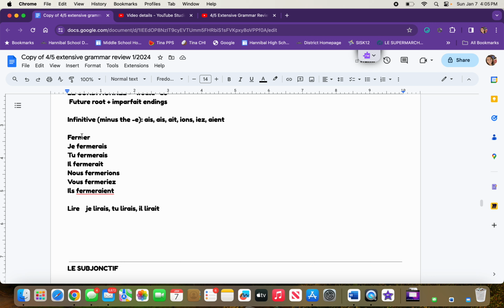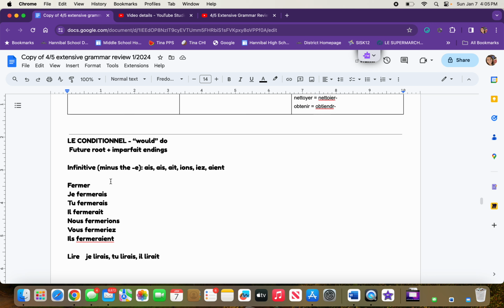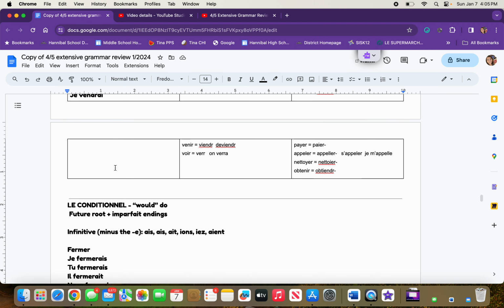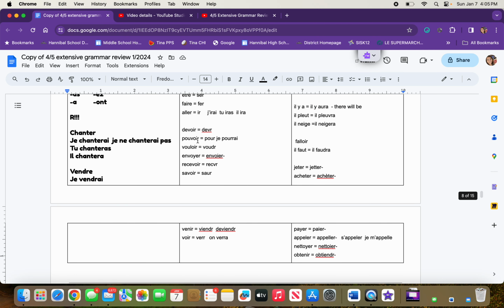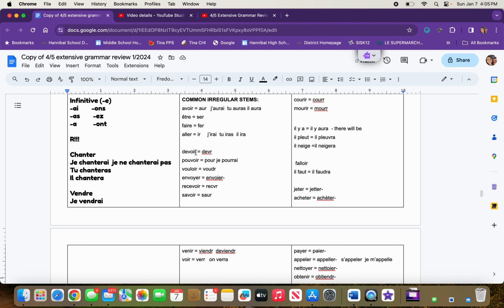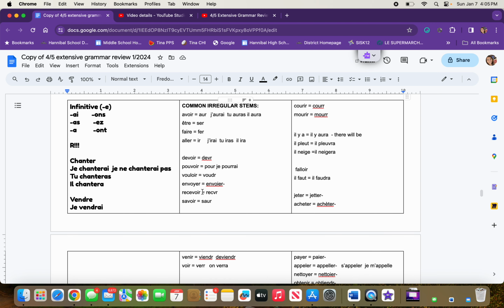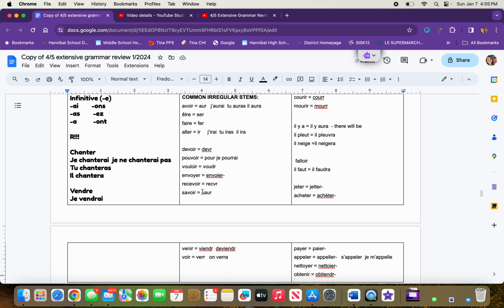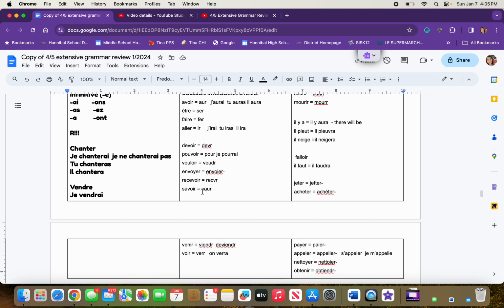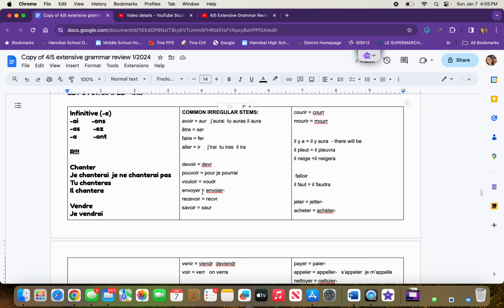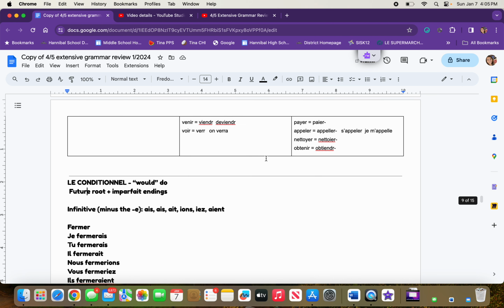So the future root, this was the regular one, and the irregular future roots for conditional are the same as the future, because that's what they are. I'm just going to draw an arrow on your paper to see these. So it's the same thing. Avoir is AUR, être is SER, faire is FER, etc. Everything that you were doing for the future, you would then do for the conditional. So for example, il y a.